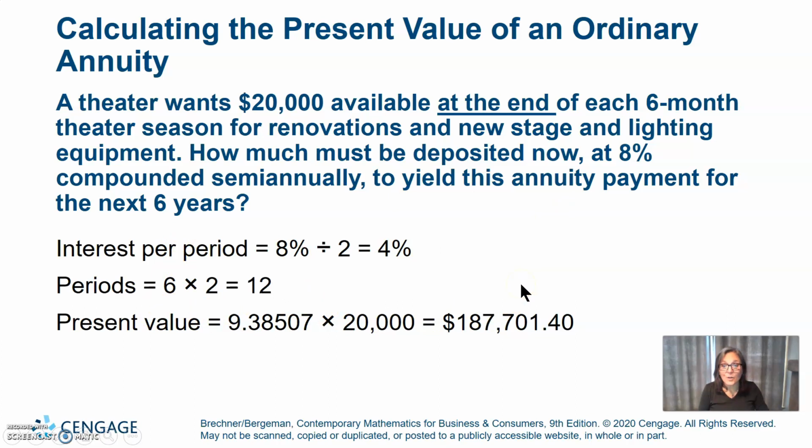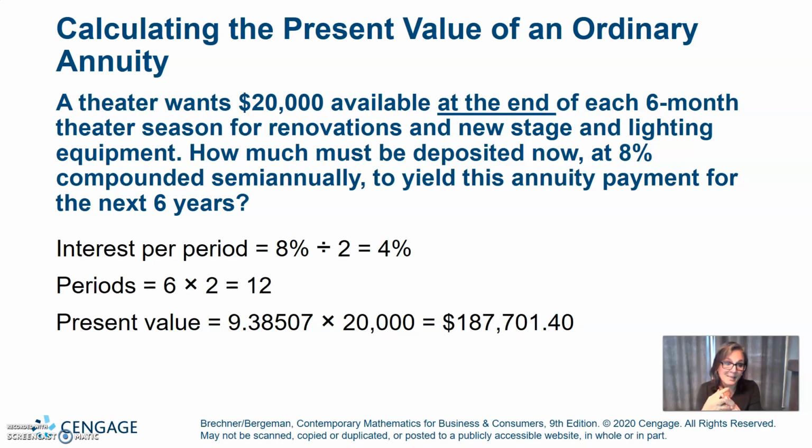And that is the answer to the question, right? How much must be deposited? If we deposit this much money, that's how much we will be able to be paid, $20,000 at the end of 6 months for the next 6 years. So 20,000 and 20,000 is 40,000 in a year.